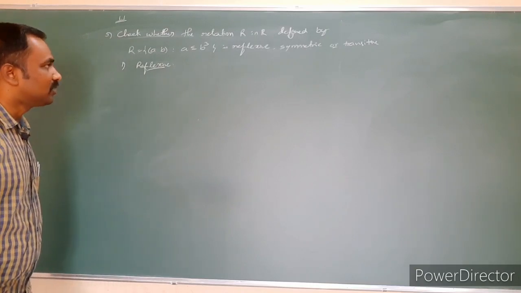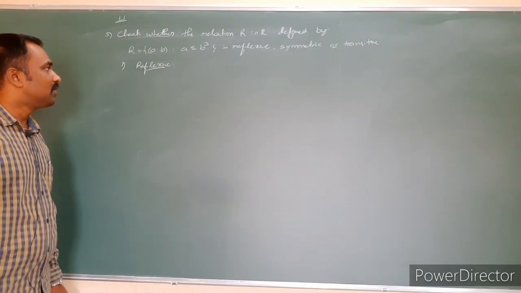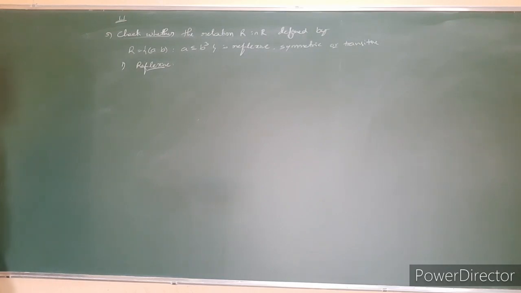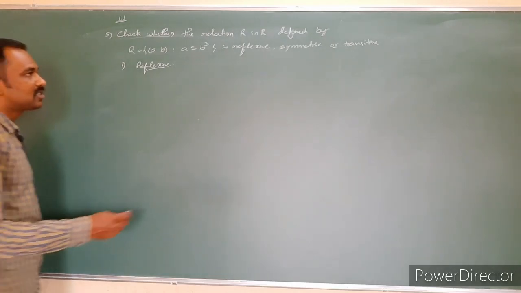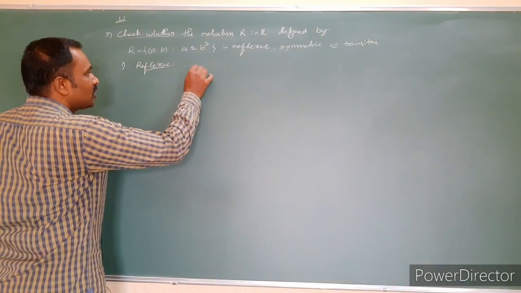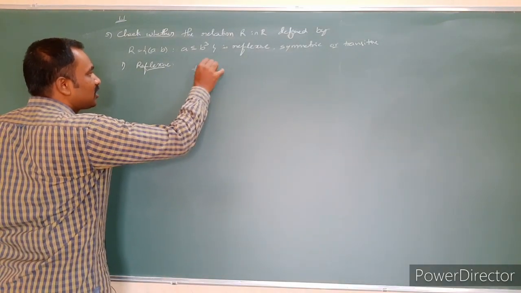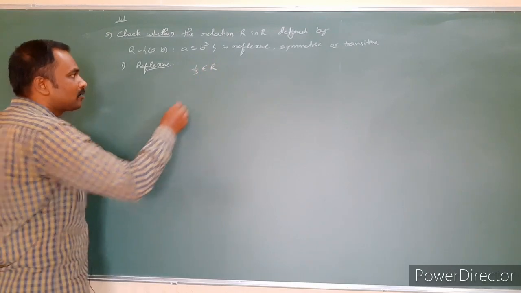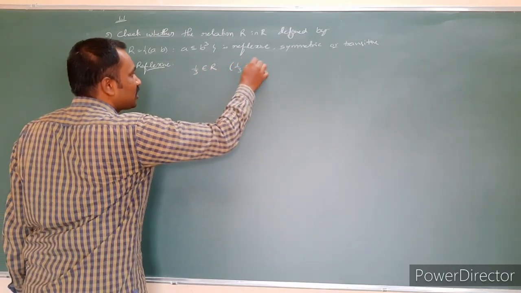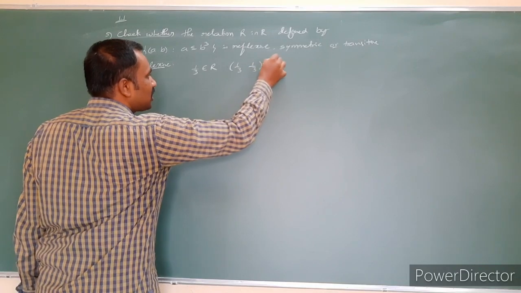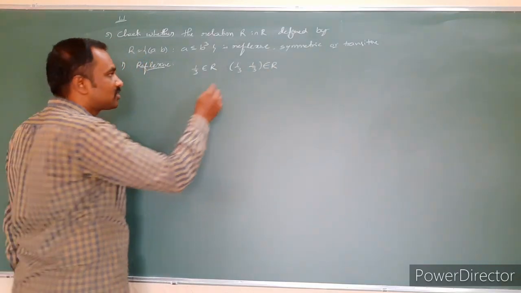What happens? Reflexive. You already know the definition of reflexive. Choose a number and pair it with itself. That means I just consider any rational number, say 1 by 2 or 1 by 3, which belongs to the real number set R. Is (1/3, 1/3) present in the relation or not? Check it.